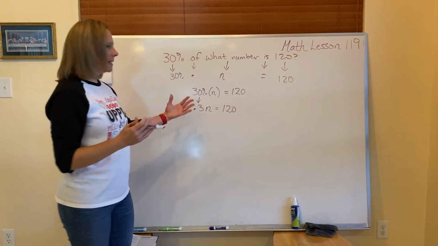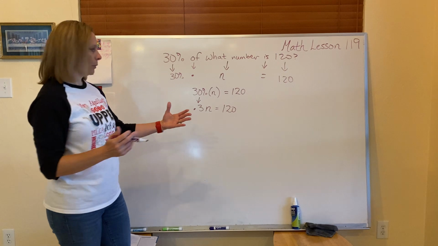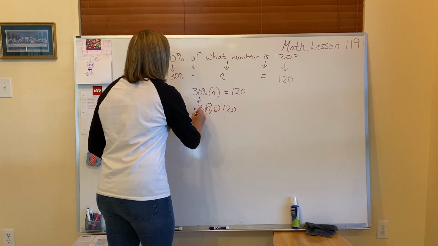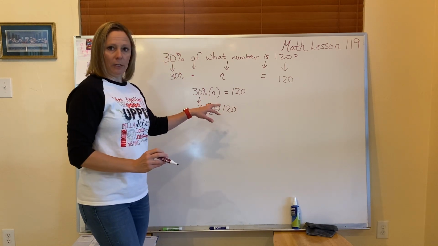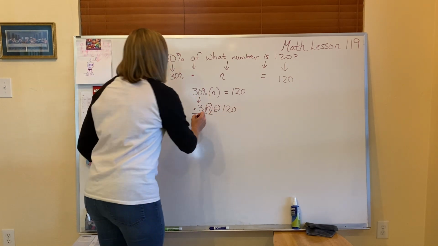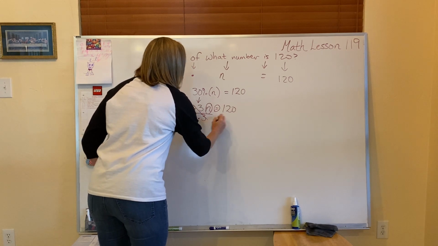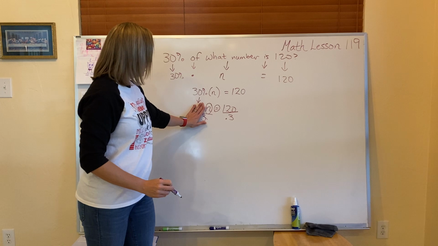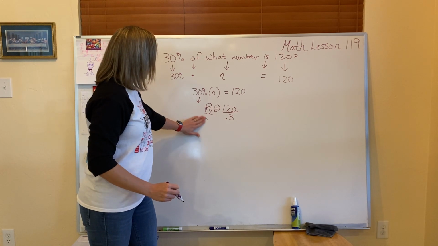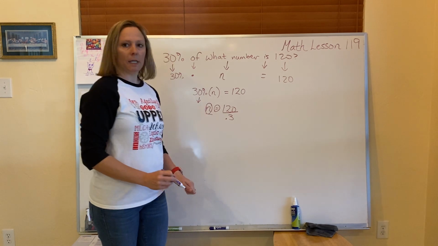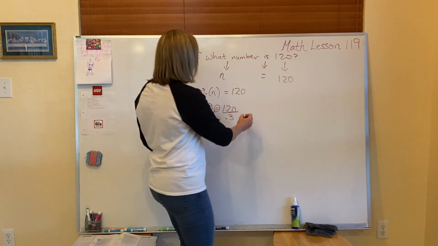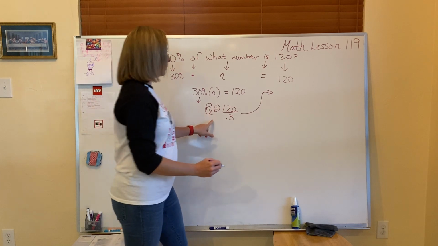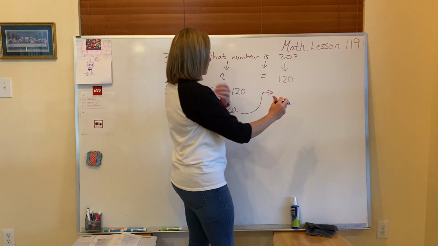We do the exact same thing that we did in the last problem. We try to get n on one side of the equal sign by itself. Since we're multiplying, we do the inverse operation. We divide by 0.3, or 3/10, on both sides. So now we have n is equal to 120 divided by 3/10. Let's go ahead and solve it.